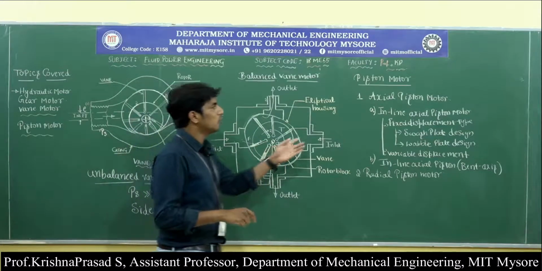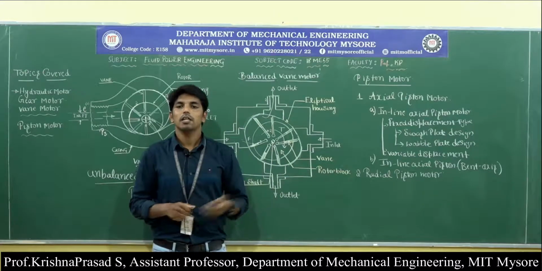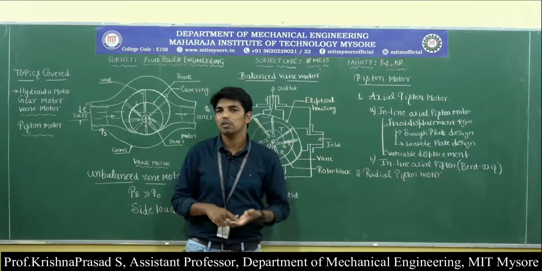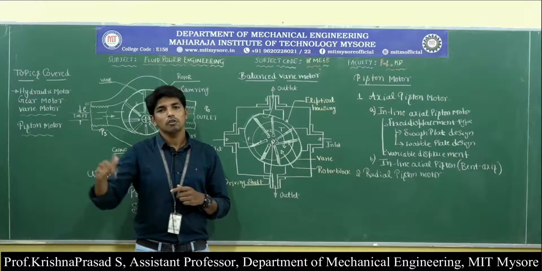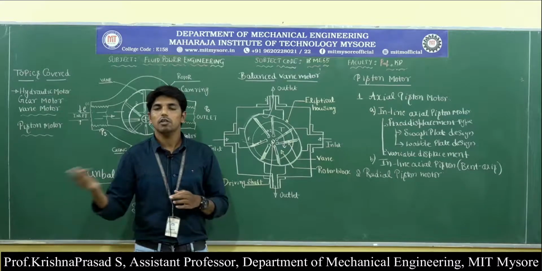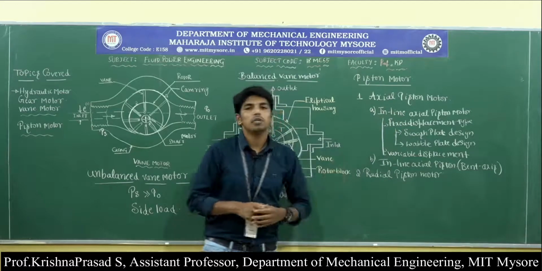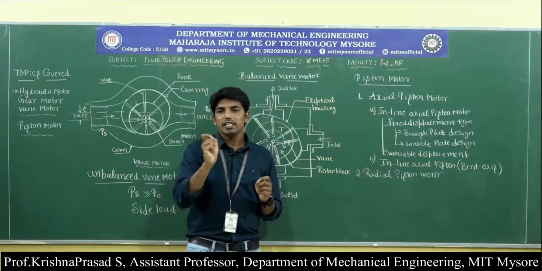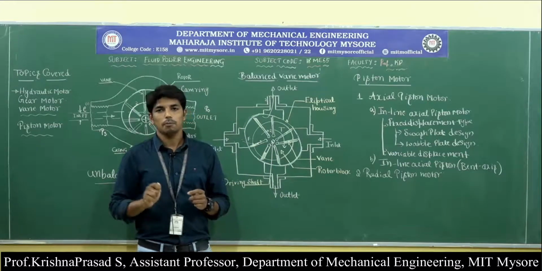So I already told you, the piston motor is also called the hydraulic linear motor. Here the pressure of the oil causes the to and fro motion of the piston inside the cylinder block, which causes the rotation of the cylinder block as well as the rotation of the output shaft, which is going to develop the power. In the inline axial piston motor, it is very simple: the piston is going to reciprocate inside the cylinder block parallel to the axis of the cylinder block.